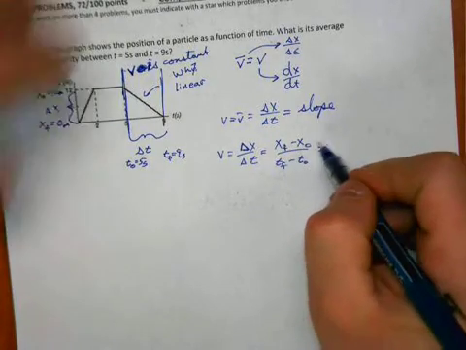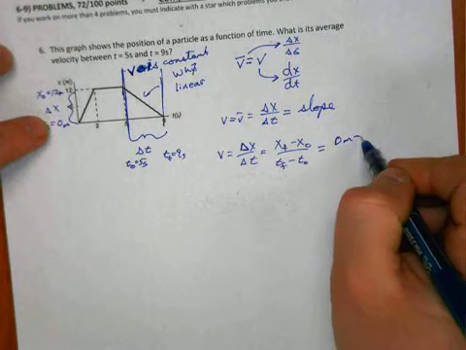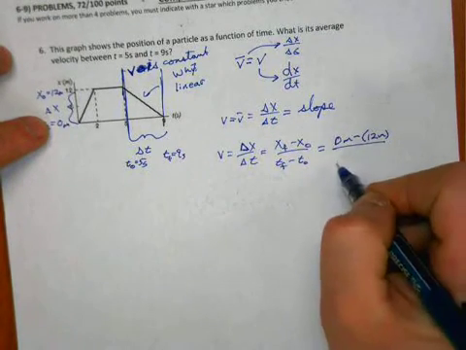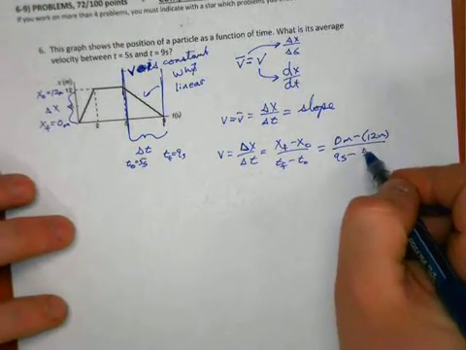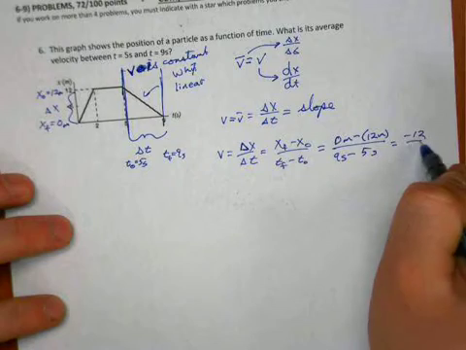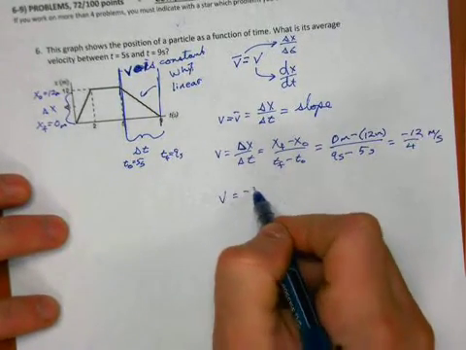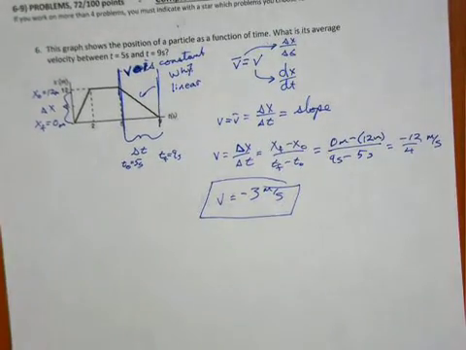This equals 0 meters minus 12 meters over 9 seconds minus 5 seconds equals negative 12 over 4 meters per second. So velocity equals negative 3 meters per second. Okay? Next.